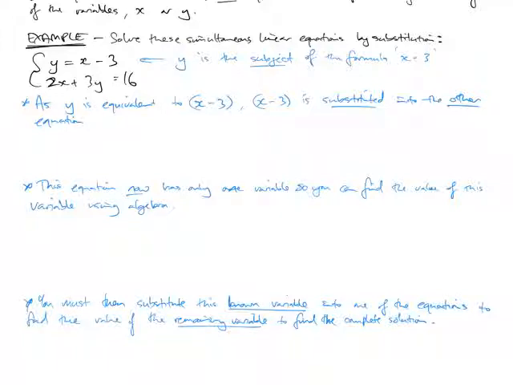So it would look like this: 2x plus 3 times by what we said y equals, which is x take 3, equals 16. I've substituted y is x take 3. I've substituted that and replaced it into the other equation wherever y was.